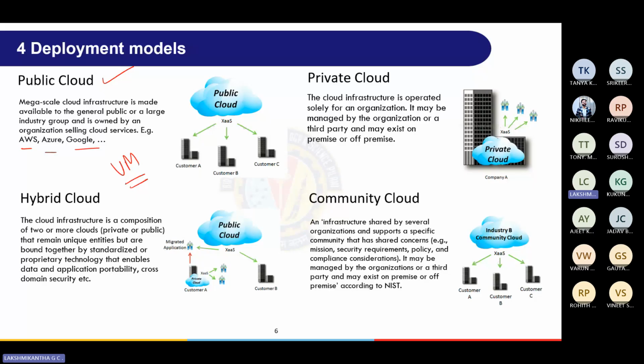And what is the second one? The first one was public. The second one is private cloud. Guys, in a private cloud, the infrastructure is operated solely for an organization. It can be managed by the organization's own IT staff or a third party, and it can exist on premise or off premise.